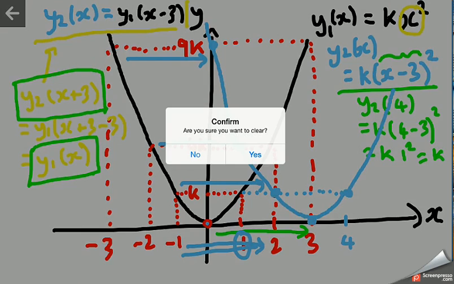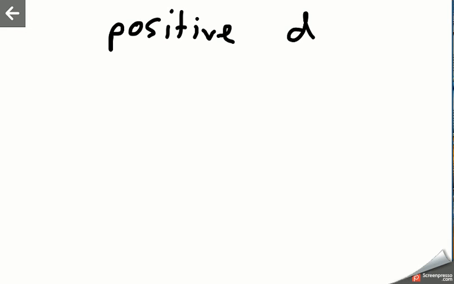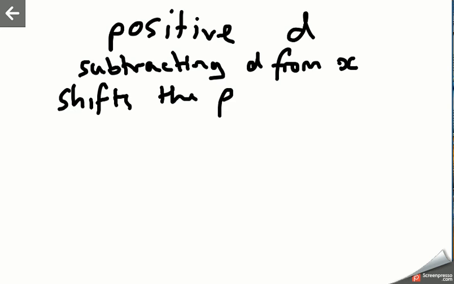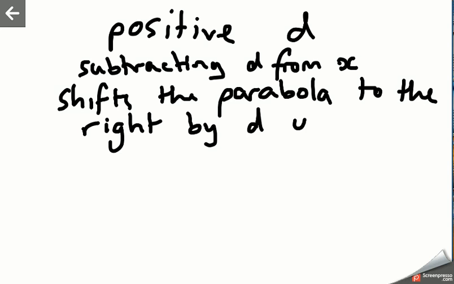And in fact, for any positive d, subtracting d from x shifts the function, the parabola, or in fact the graph of any function, but in particular here, shifts the parabola to the right by d units.